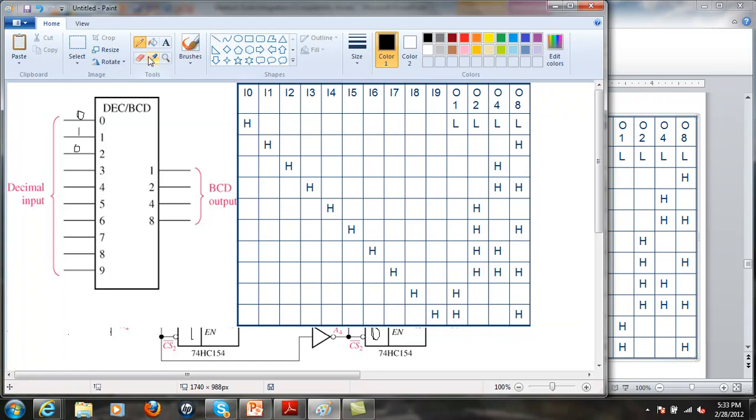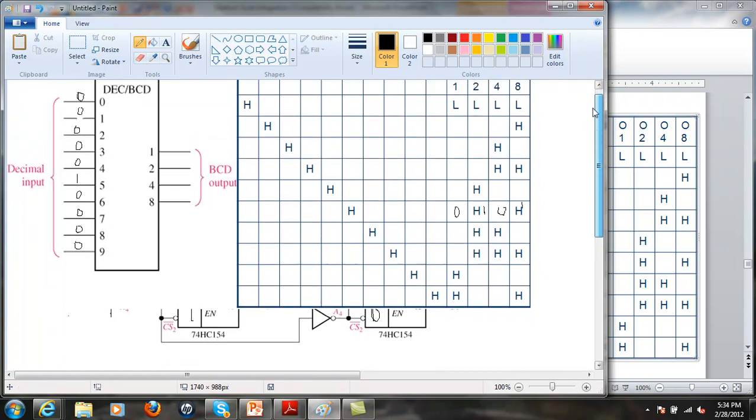So if I had, for example, a 0 here, here, here, and then this was a 1, and then these are all zeros, this would activate the number 5. So that would be a 1, this would be a 0, 1, 0, 1, or the number 5 at my output.